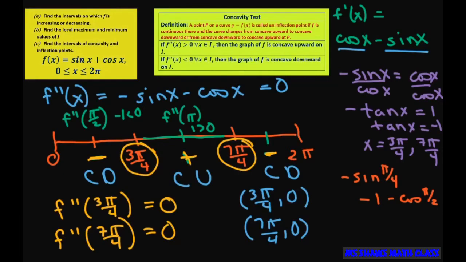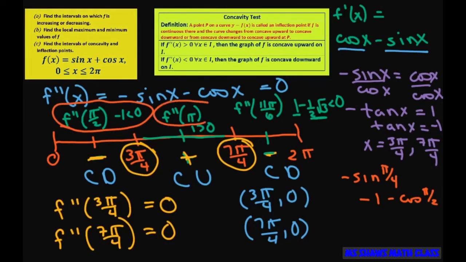And for this piece, I plugged in f double prime of 11 pi over 6, and when I plugged that in, I got 1 minus 1/2 square root of 3, which is obviously negative because this number is bigger than this one. So that's the numbers I plugged in, and you can plug in any numbers you want and get your positives and negatives. And that's it.